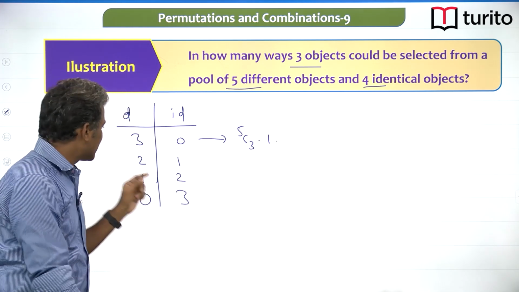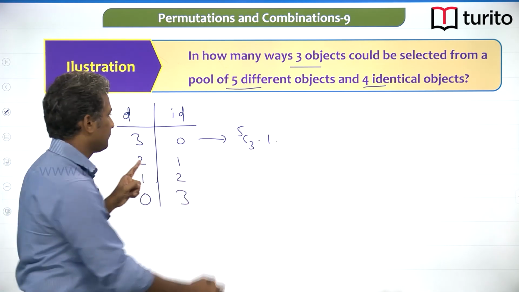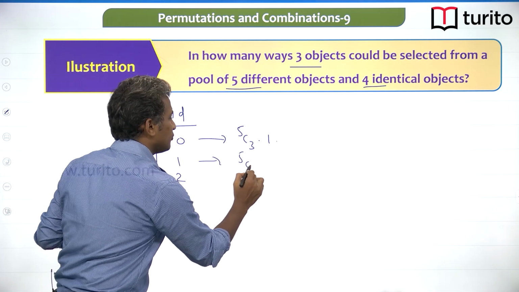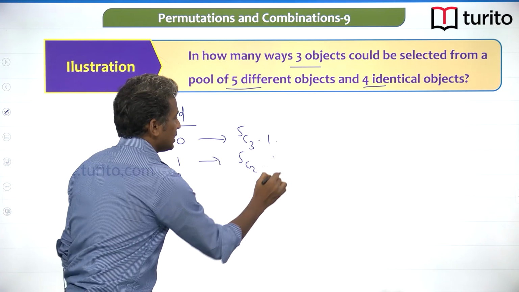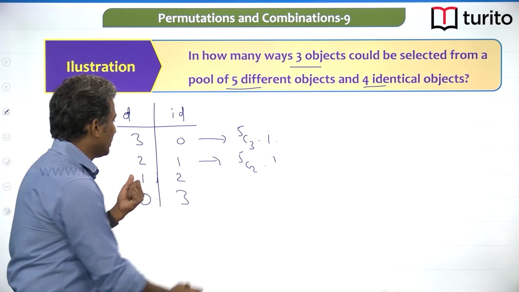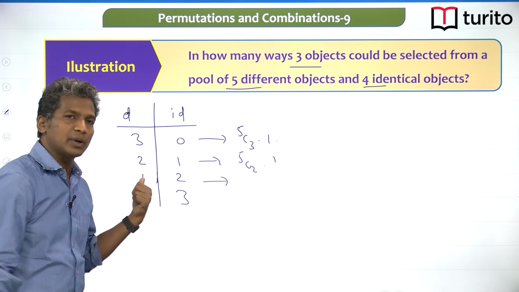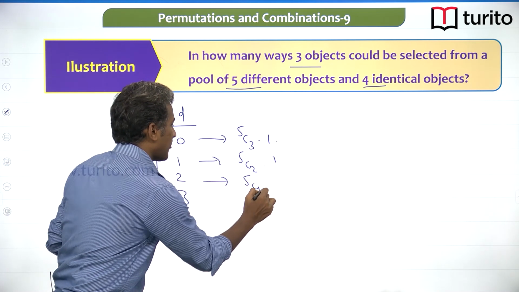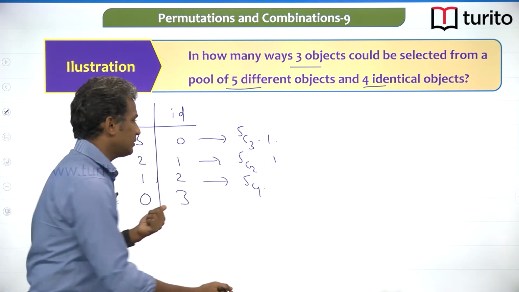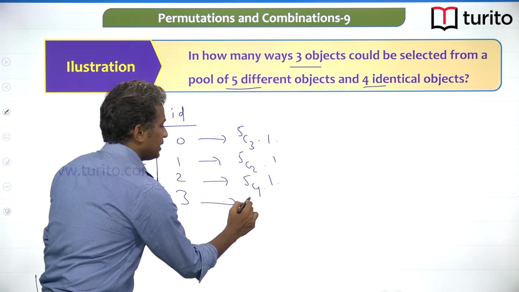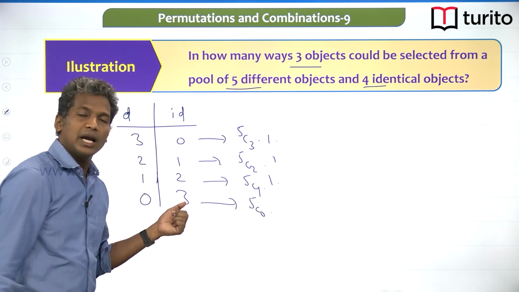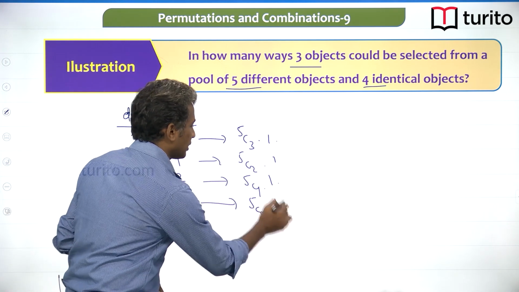In how many ways we can select 2 from the different? In 5C2 ways. In how many ways we can select 1 from identical? That is also one way. Similarly, we can select any one from the different in 5C1 ways and identical in only one way. Similarly, for this also, different in 5C0 ways and all 3 identical in one way.